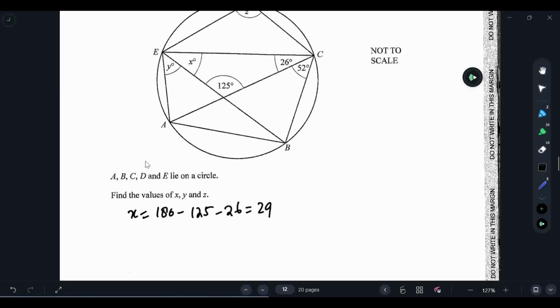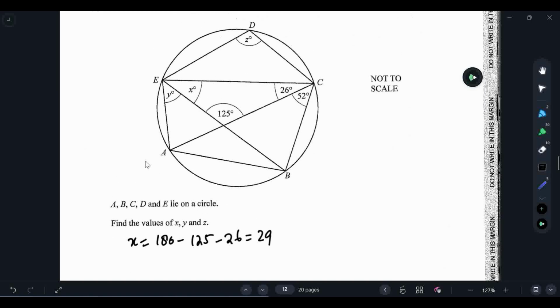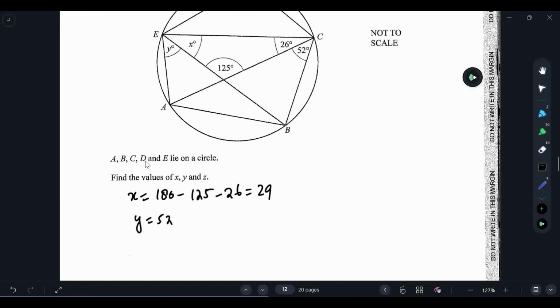Now let's see what we have to do for the value of y. The value of y will be equal to 52. Why 52? The reason is that this is not a cyclic quadrilateral, this one is from the same chord.